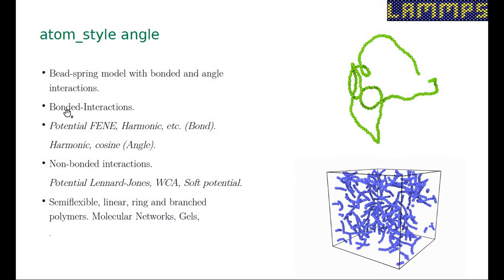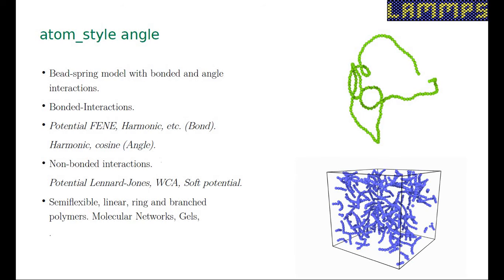So in the bond interaction, we have to include the elastic potential. Could be the FENE potential or the harmonic potential. But now we are to include the harmonic or cosine or sine angle potential.